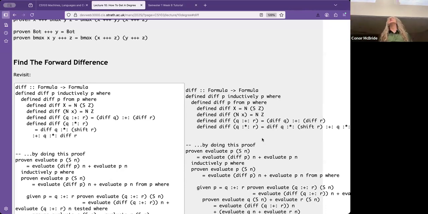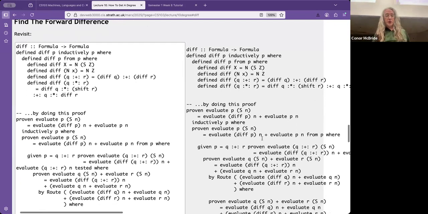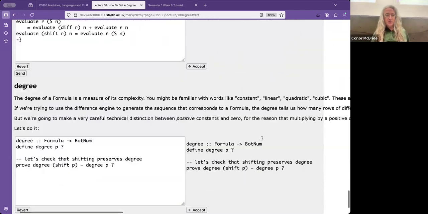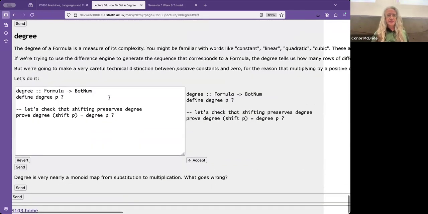So we're going to treat positive constants and 0 slightly differently here. And that's going to turn out to be crucial for your homework. Okay, so I've got myself a box. So that's the point.